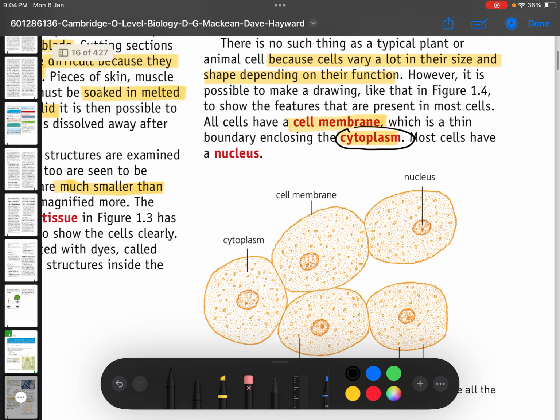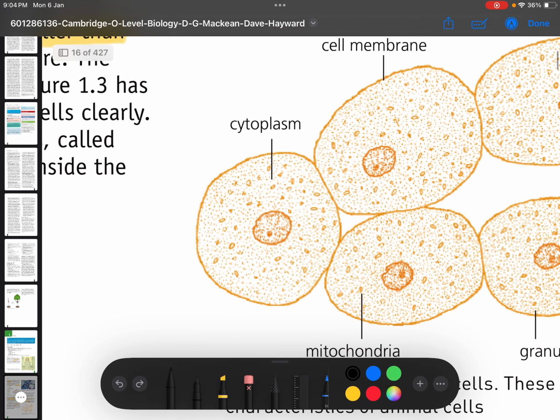Cytoplasm is a jelly-like structure which contains different types of organelles, different types of oil droplets for energy sources. And what are organelles? Organelles are basically different types of structural components of the cell within the cytoplasm, which help in different types of functions of the cell.